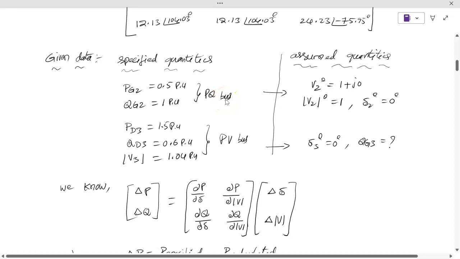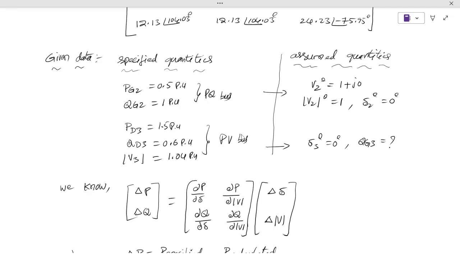And V and del values we need to assume as per the flat voltage profile. That is V2 initial value, V2 0 is 1 plus j0, that is magnitude of V2 0 is 1, and del 2 0 is 0. Those are the initial values. Whereas the third bus, the PV bus, has P value and V value specified.